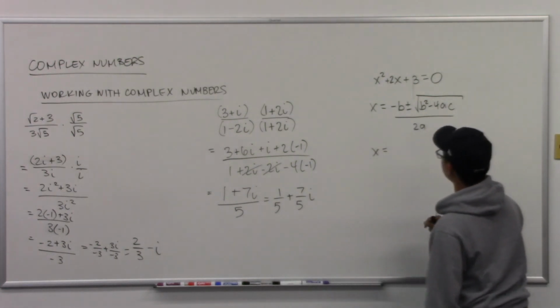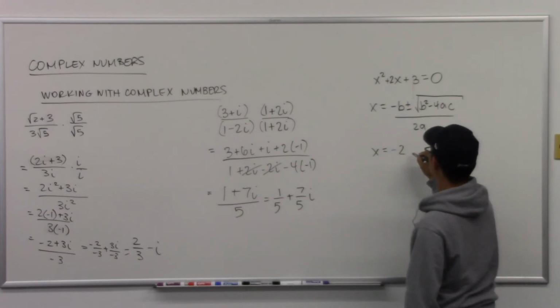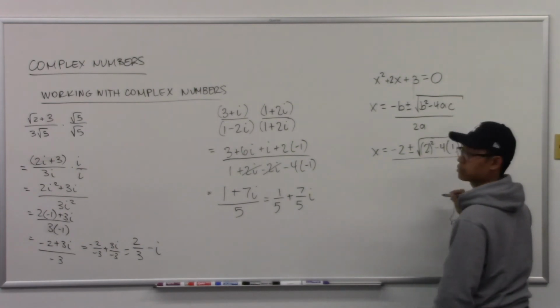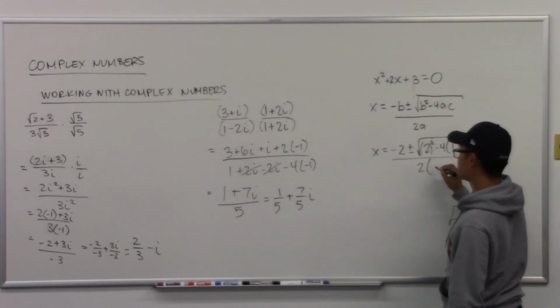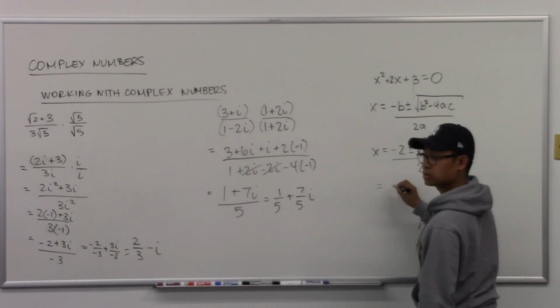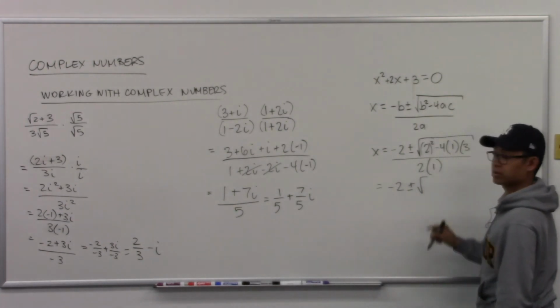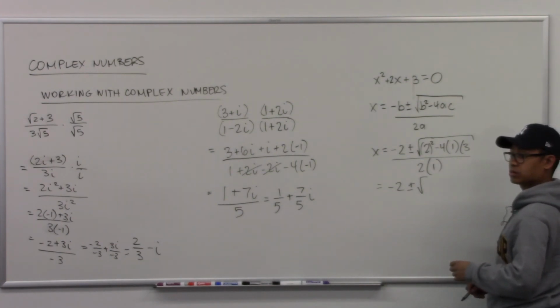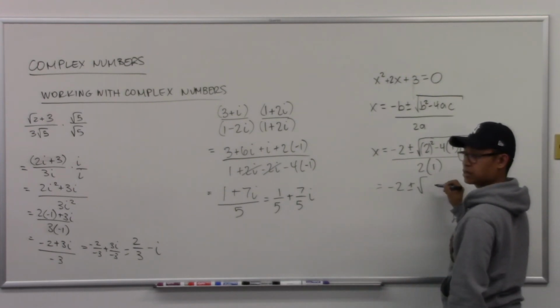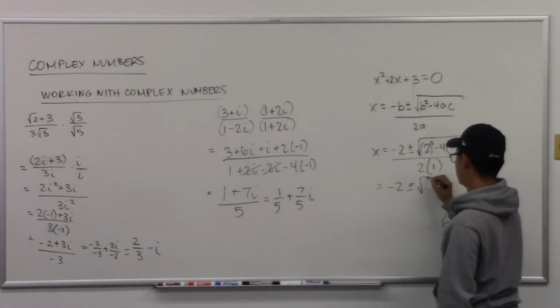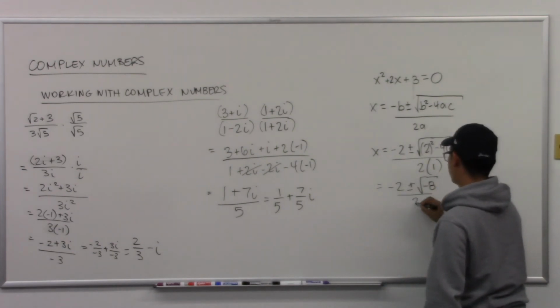So you get... this is what? Good, so 4 minus 12 is? Minus 8, all over 2.